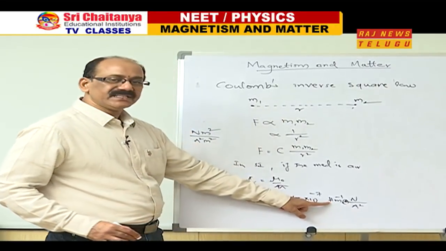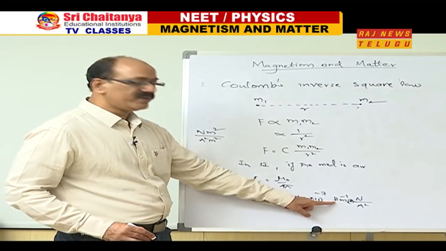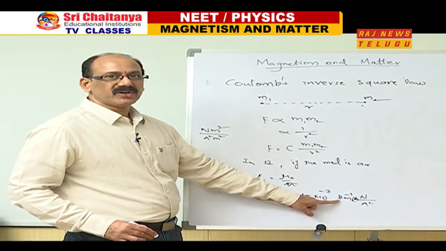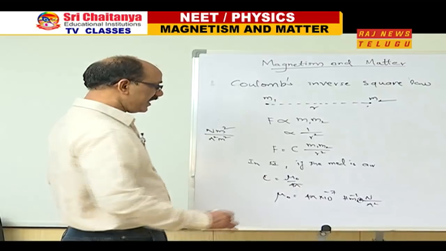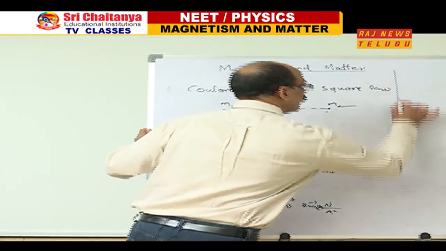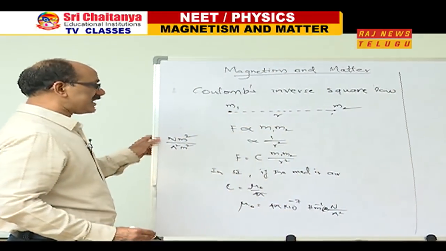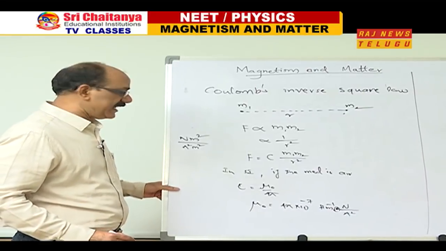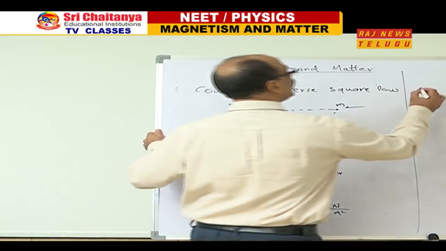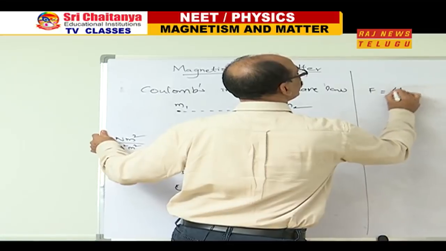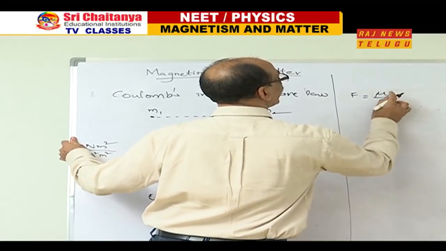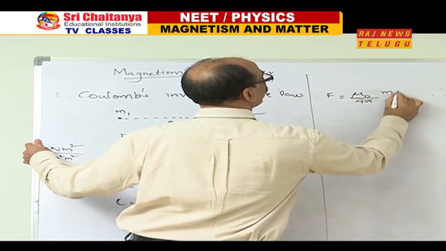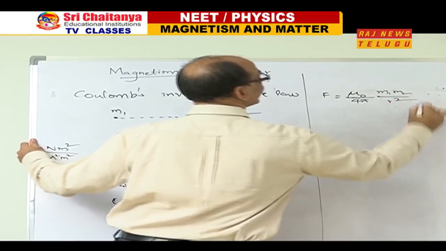But Henry, this unit we will come across later in the topic electromagnetic induction. Therefore, the force between two magnetic poles separated by a distance r in air is obtained by F is equal to mu naught by 4 pi into m1 m2 by r square.